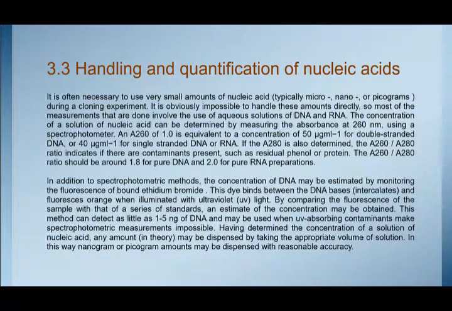This method can detect as little as 1 to 5 nanograms of DNA and may be used when UV absorbing contaminants make spectrophotometric measurements impossible. Having determined the concentration of a solution of nucleic acid, any amount in theory may be dispensed by taking the appropriate volume of solution. In this way, nanogram or picogram amounts may be dispensed with reasonable accuracy.